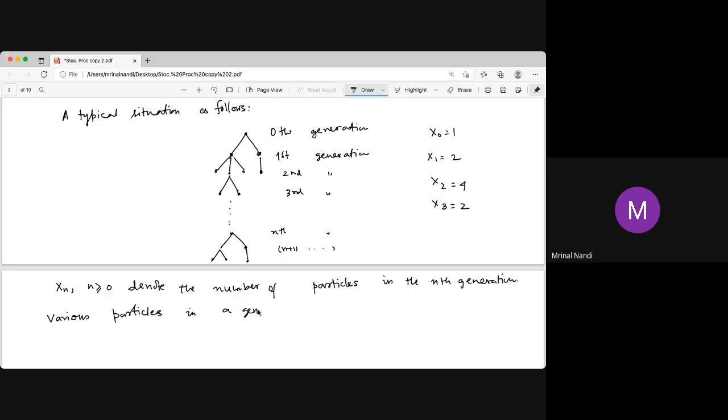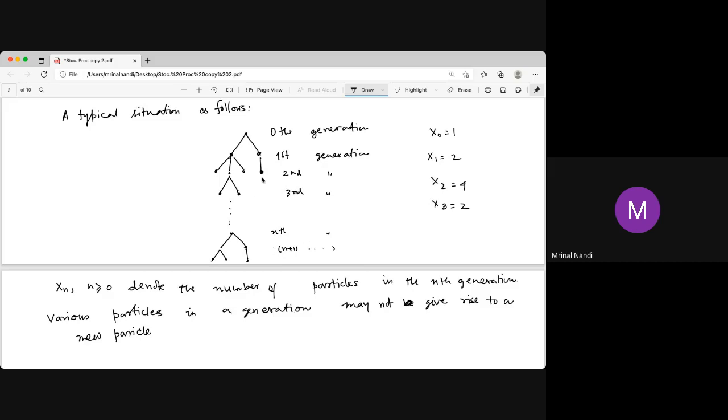So various particles in some generation may not give rise to a new particle. So here is a particle which has no next generation particle.